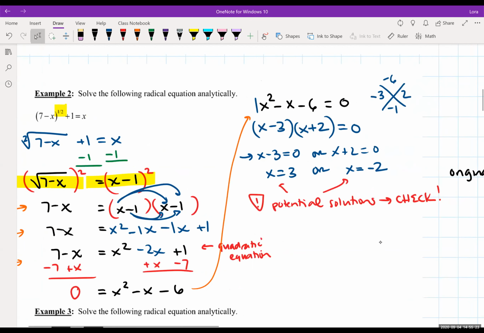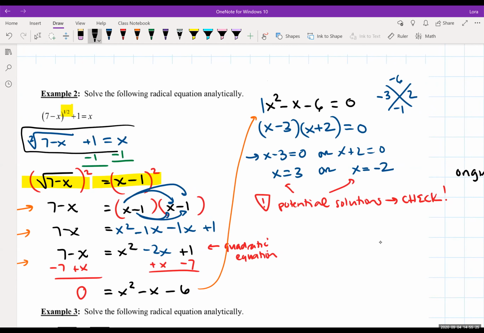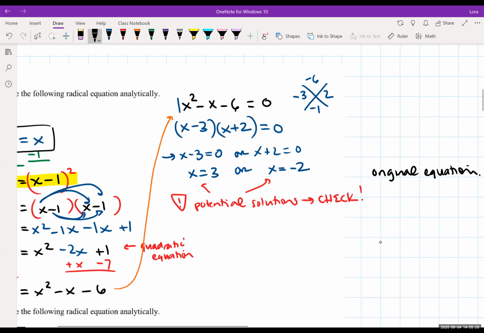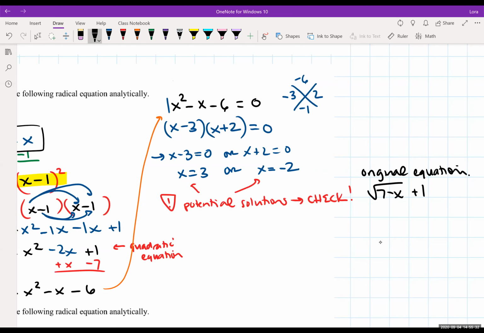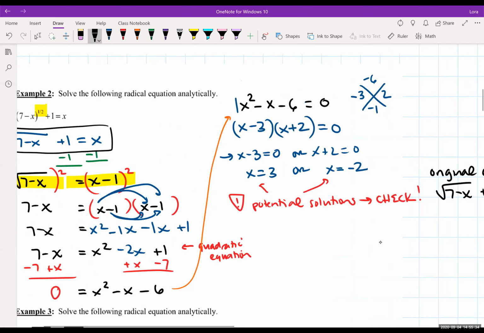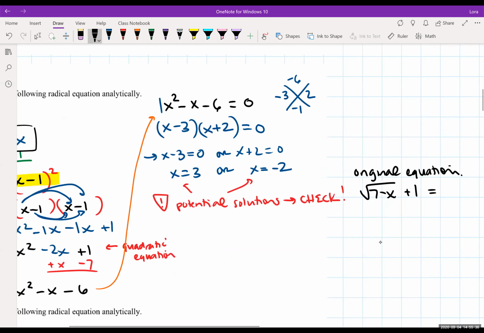I'm going to use the radical form because that's a little nicer on my eyes. So that is the square root of 7 minus x, plus 1, equals x. And pretty much what we'll be doing is we're just going to test them out to see if we're getting true statements. So I'll start off with x equals 3. If I plug this in, I'm saying square root of 7 minus 3, plus 1, equals 3.